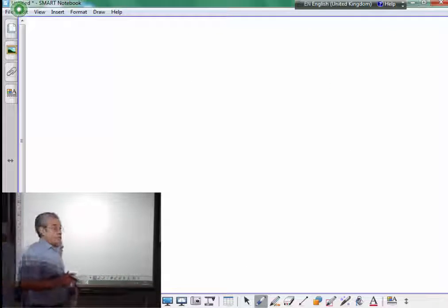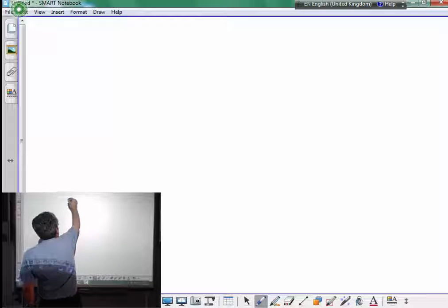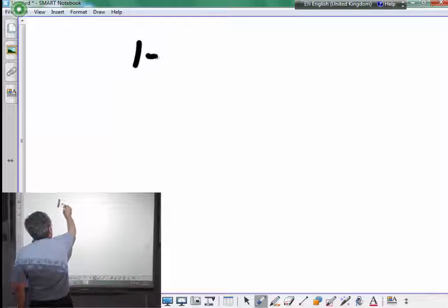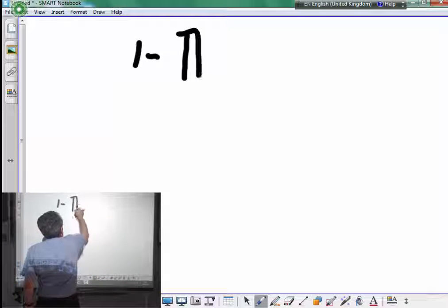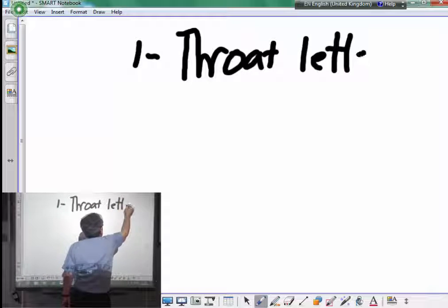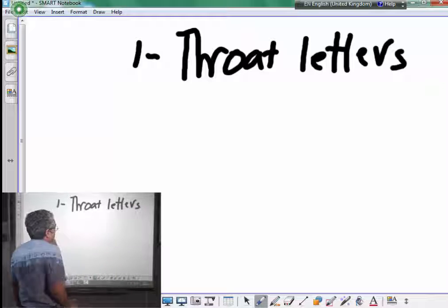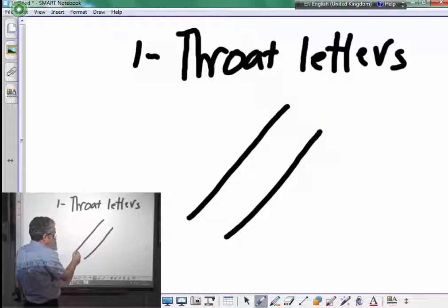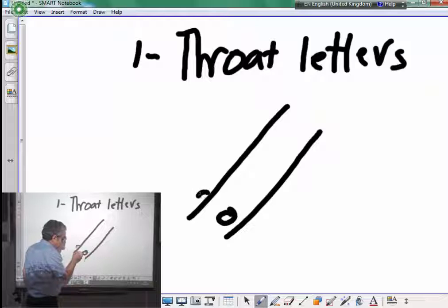We've got four groups of letters. The first group, as we call it, throat letters. And in the throat letters, if I imagine this is the throat, the lower part of the throat, which is this side here, there are two branches that emit two letters.